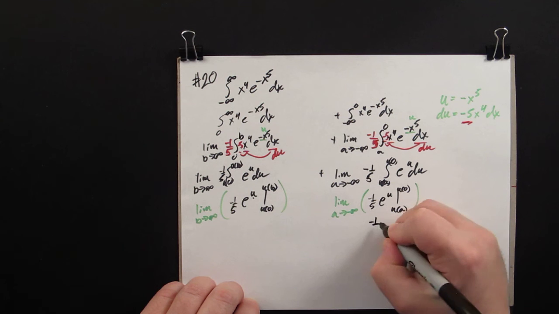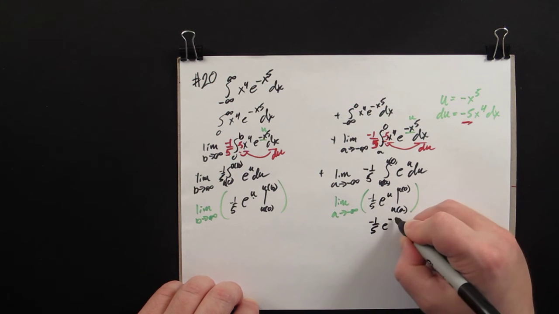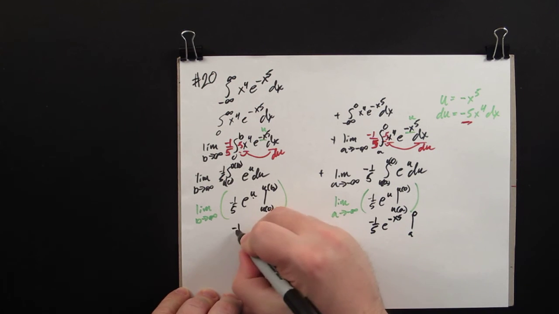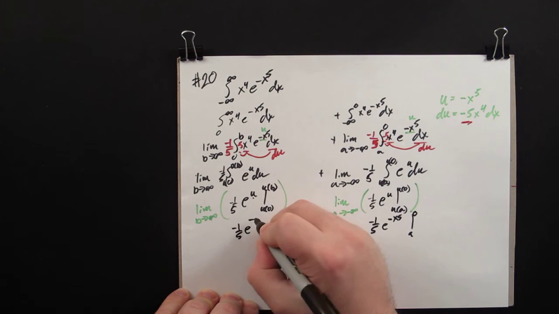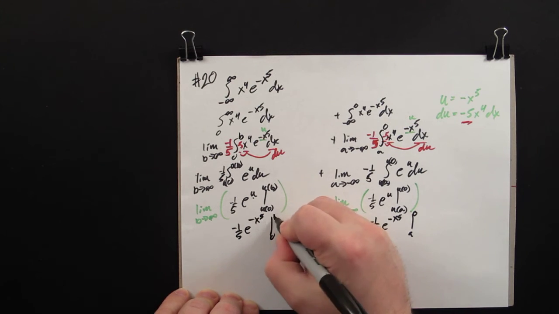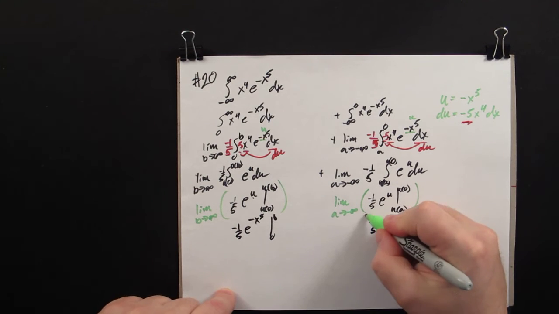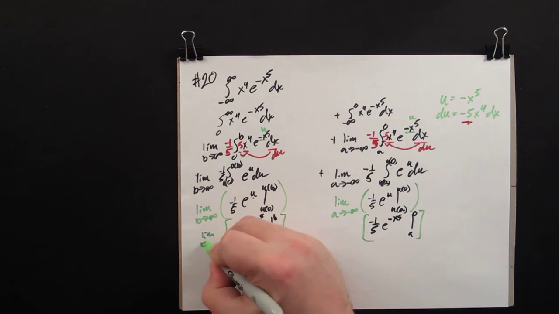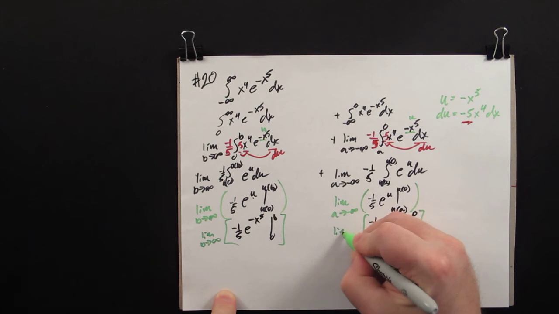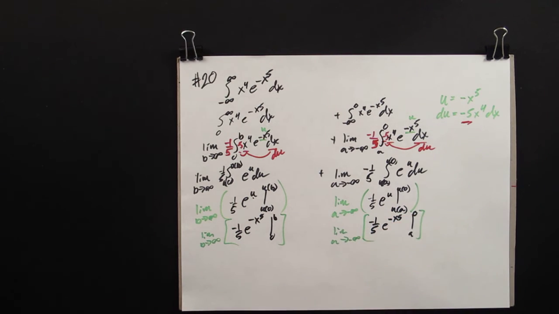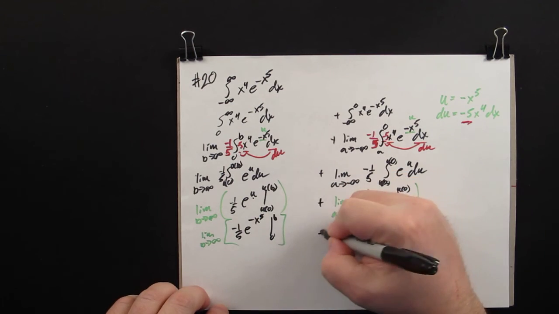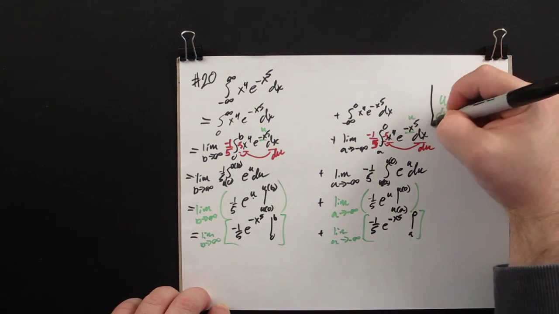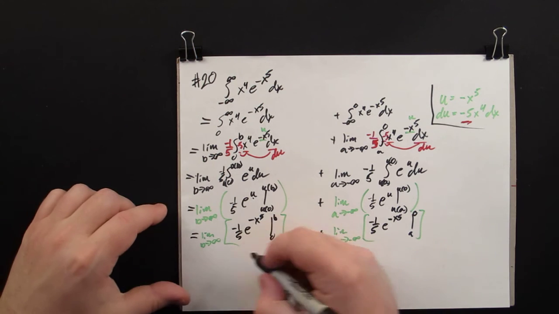So this is e to the negative x to the fifth, evaluated from a to 0, and negative 1/5 e to the negative x to the fifth from 0 to b, and these are added. Okay, so expand and plug in.